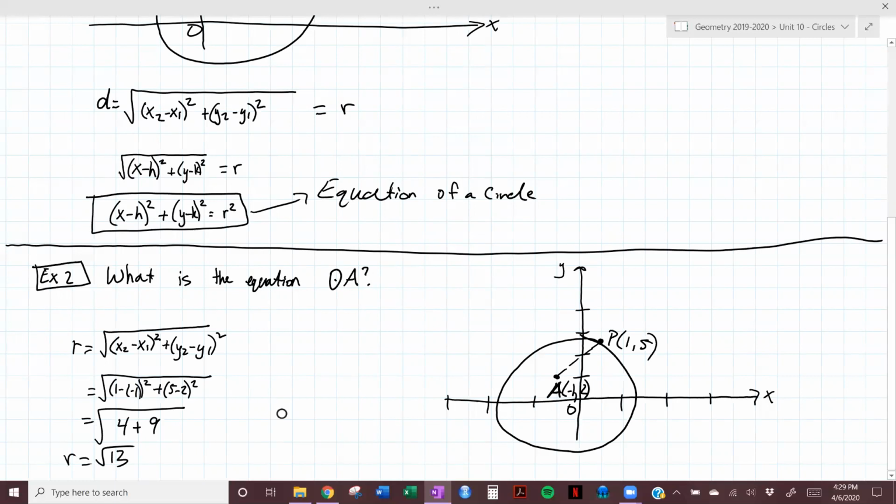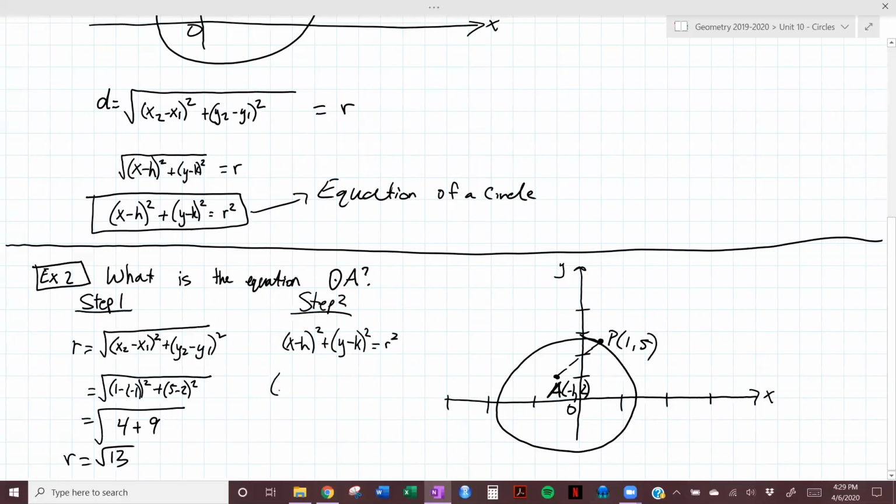So that's step 1, find the radius. Step 2, write the equation. x minus h quantity squared plus y minus k quantity squared equals r squared.